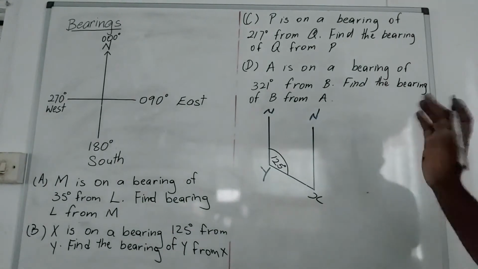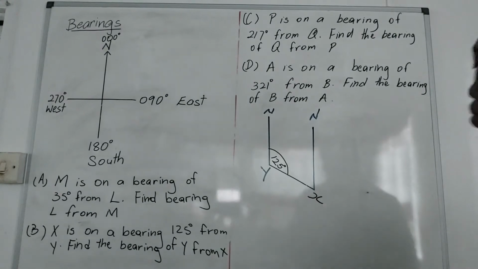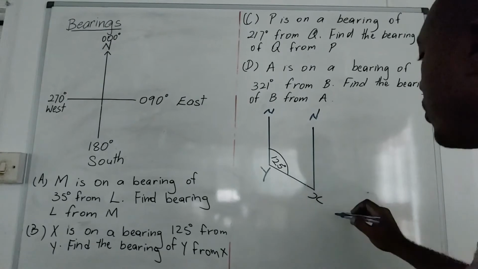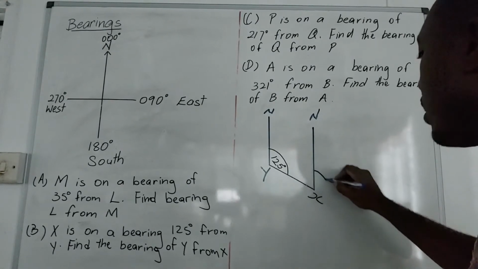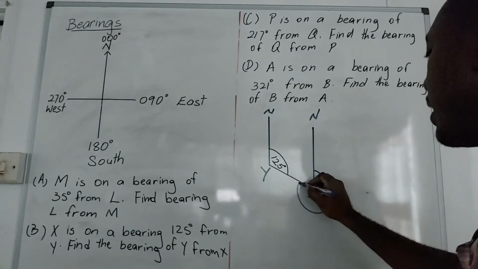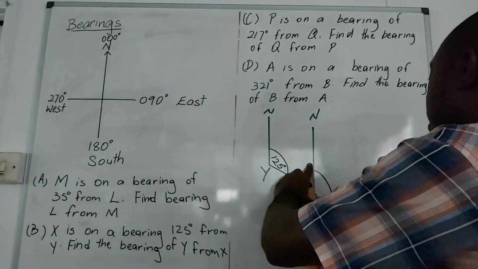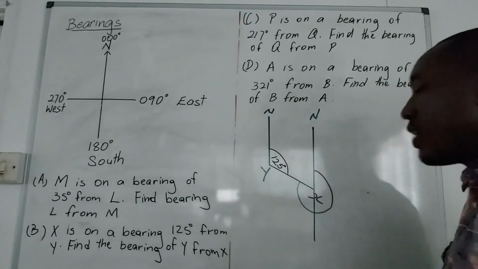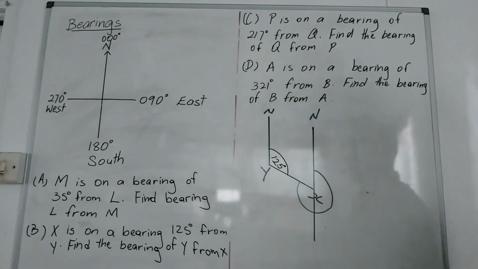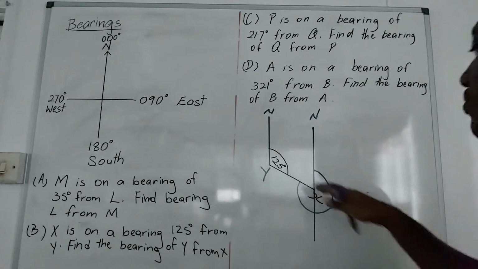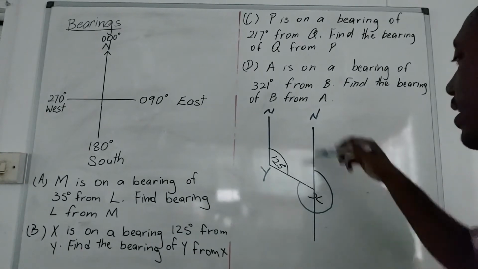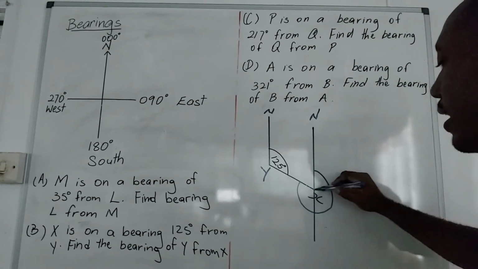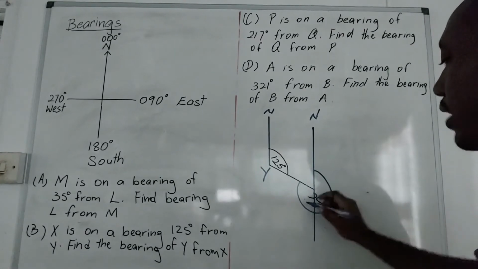North lines are parallel, and we want the bearing of Y from the point X. So what we're trying to find out is our bearing around here. So let us extend this north line, and we will have our two parallel lines. And what we know from parallel lines, with the transversal cutting those parallel lines, is that if here is 125, this angle here will be 125 too.